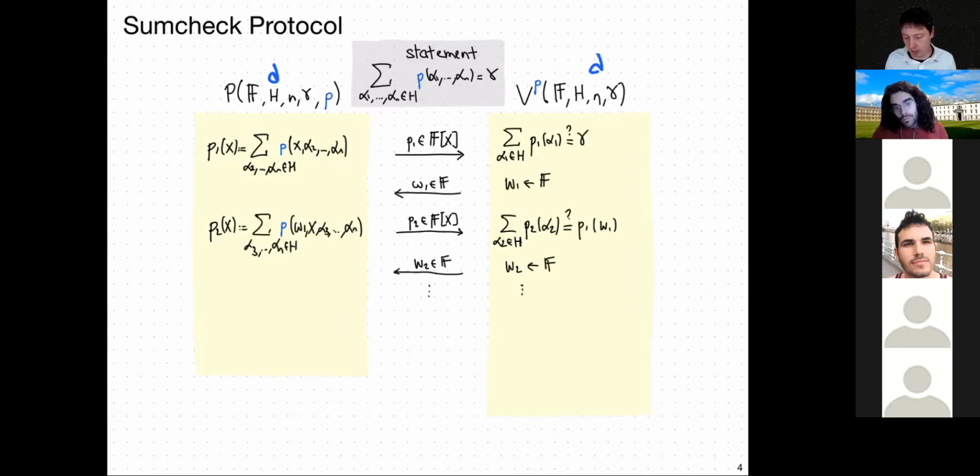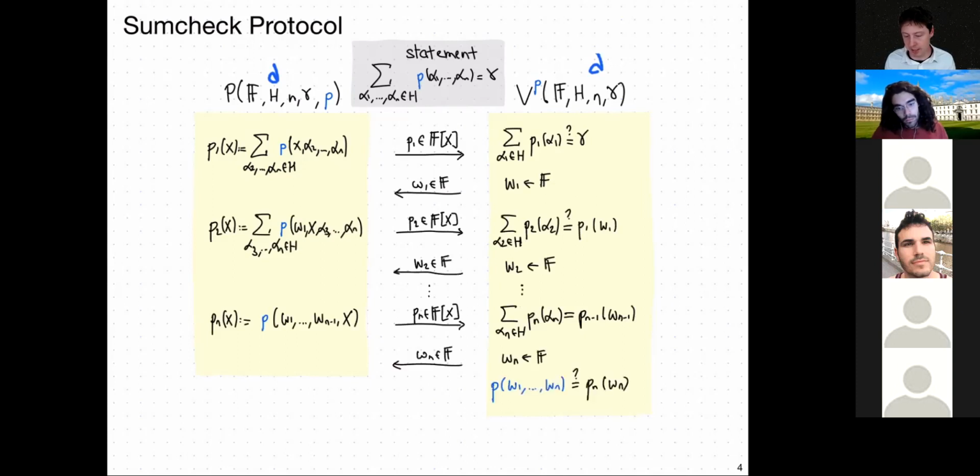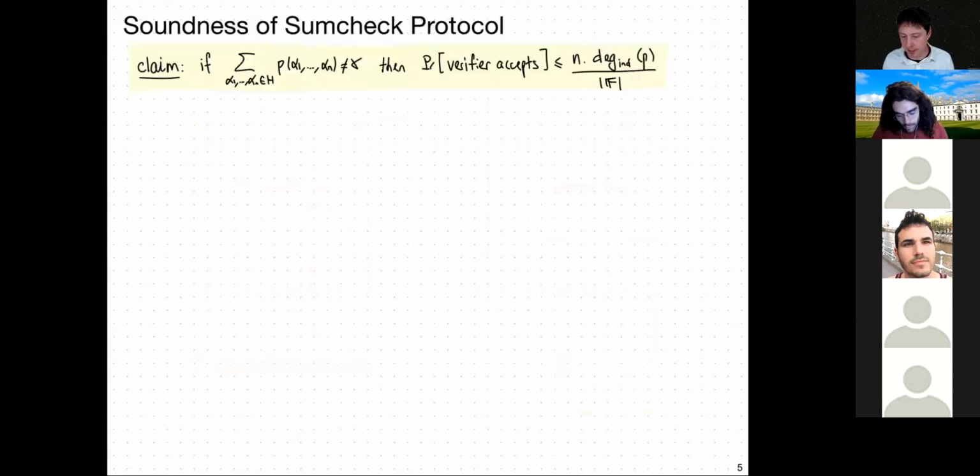And in that world, your soundness analysis will take that into account. Rather than having an expression that is n times that, you might have an expression that is more like the sum of d_i for i going from 1 to n, where d_i is the bound on the ith individual degree.